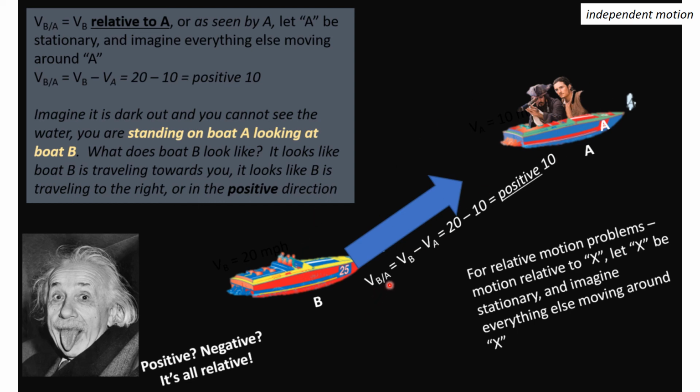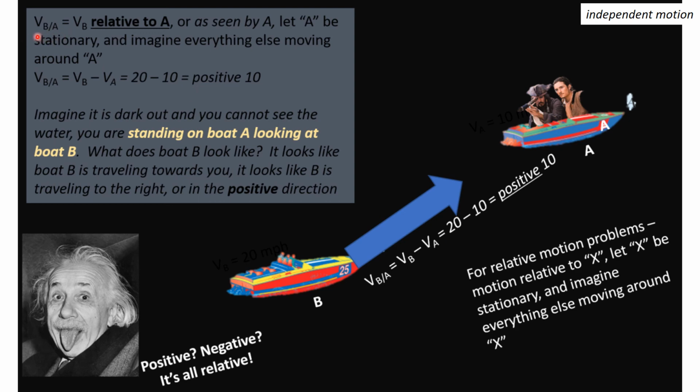Again, B relative to A, this time we have B minus A, 20 minus 10. So it looks like B is catching up with you, at 10 miles an hour. This time it's positive, going to the right. It's going to ram into the back of you. So relative to A, it looks like B is moving forward at 10 miles an hour.